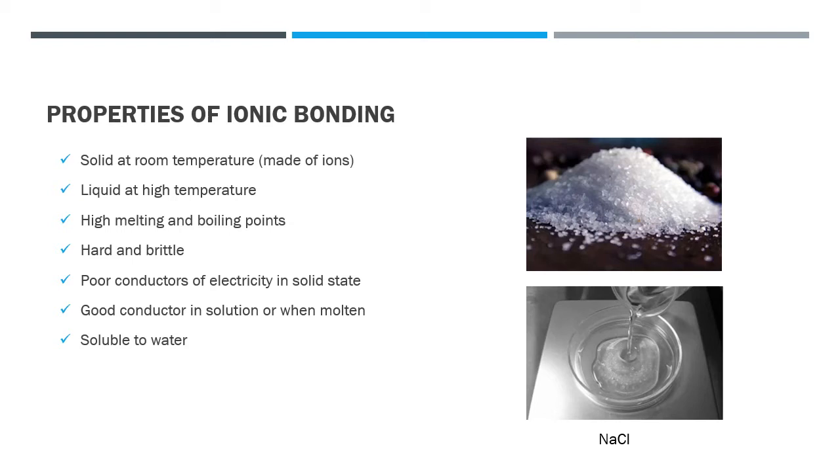They are poor conductors of electricity in the solid state, but good conductors in solution or when melted. And ionic compounds are often soluble in water. For example, natrium chloride or salt. The salt is solid at room temperature, but when it is given heat, it will turn into liquid.